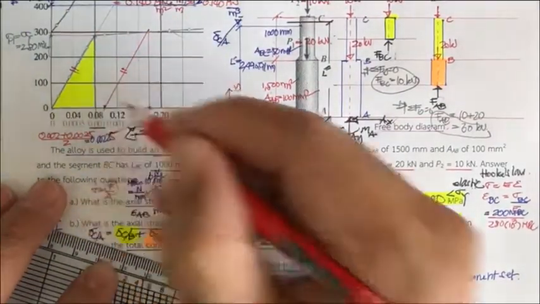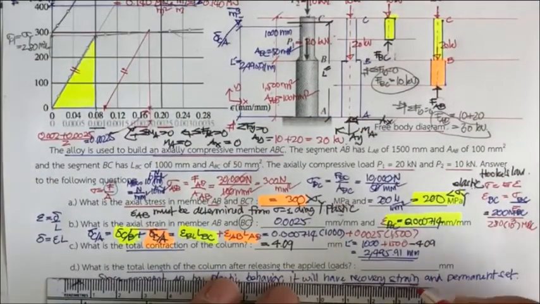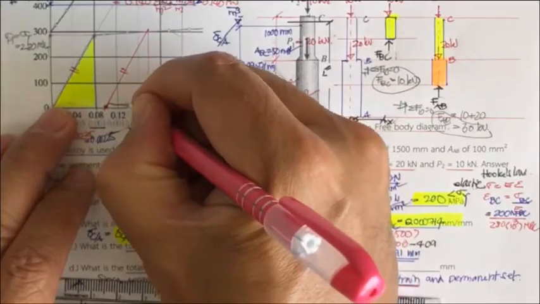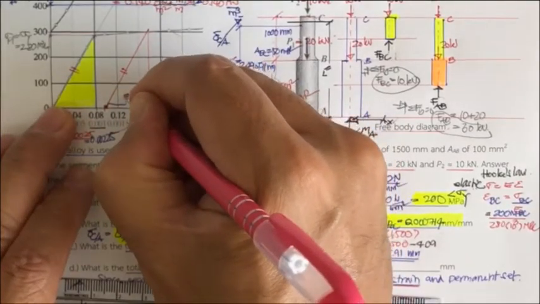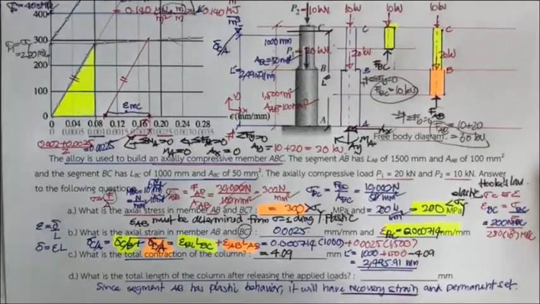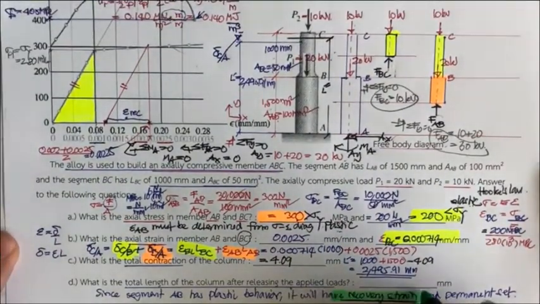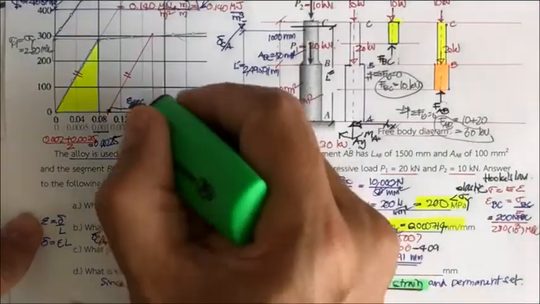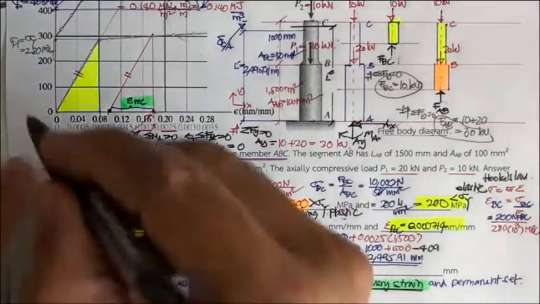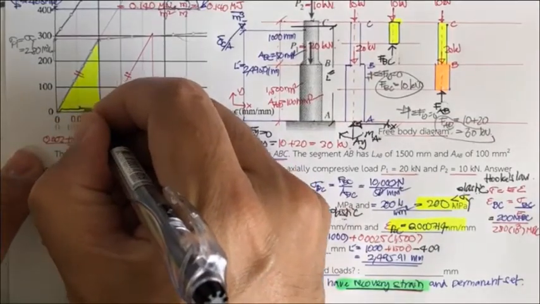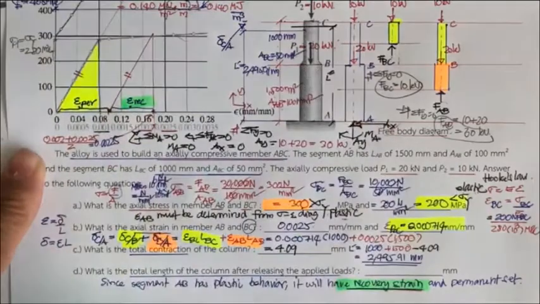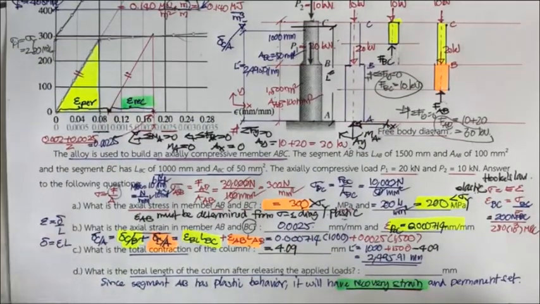So we have some strain recovery, and this other portion is going to be the strain permanent set, strain PER.